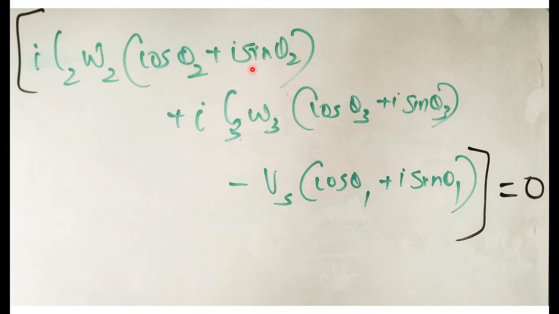But we have again sin theta 2. There is already an I, so we multiply this I with that, and we get I square, or minus 1. Then the sin theta term becomes the real term for this first term. Also for the second term we have an I here, so there will be a change in the real part.